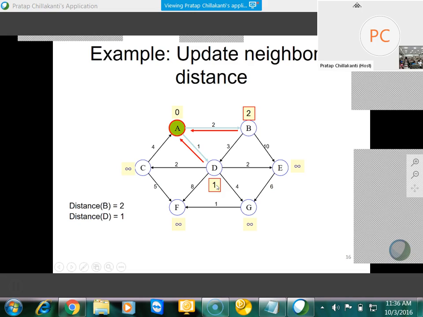What else did you update here? That's it. Nothing else, because those are the two neighbors of A. C is not a neighbor of A because you cannot go from A to C. In a directed graph, the arrow tells you whether you can go or not, right?